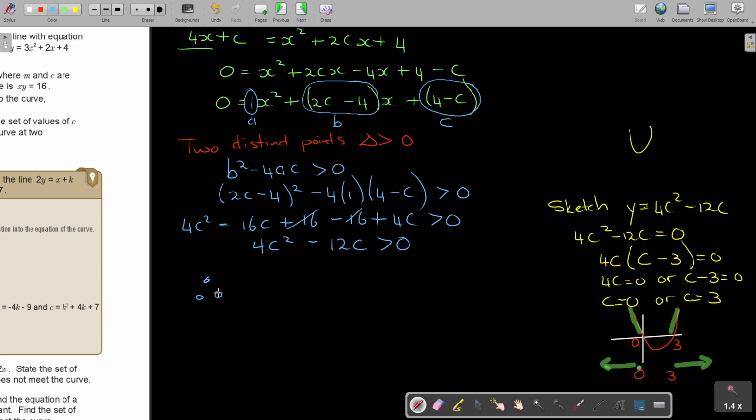So therefore, I can see the value of c is smaller than 0, or the value of c is bigger than 3. And that's your final answer. So you don't have to go into so many details on the side, but just make sure that you don't go from this step to this step and make unnecessary mistakes.